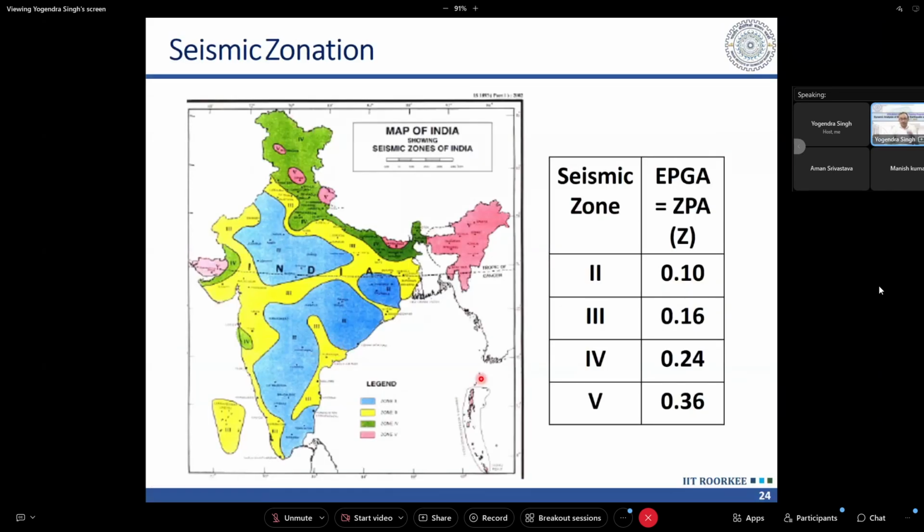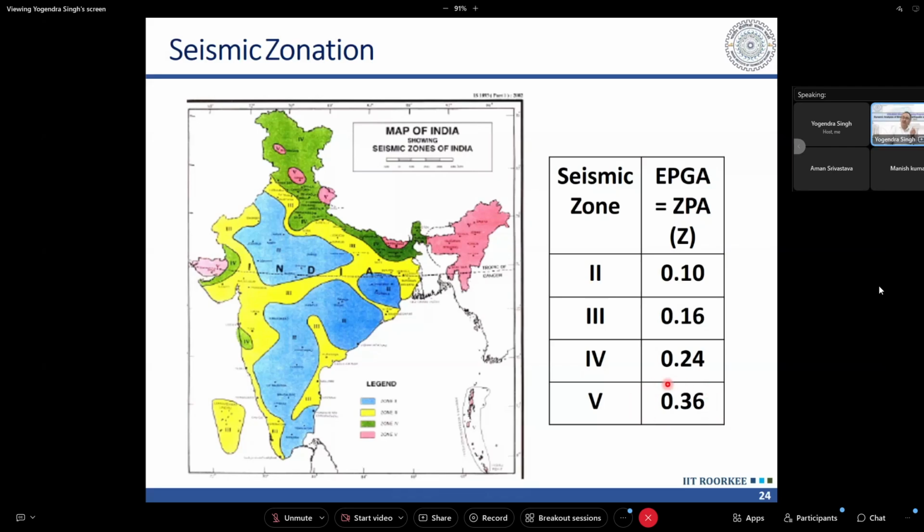Now you may be familiar with the current zoning map. In the current zoning map, the whole country is divided into 4 zones, starting from zone 2 to zone 5, and the maximum value of Z is given as 0.36. So this Z is fed as a factor, but actually what it is representing is the value of EPGA or ZPA, zero period acceleration, in terms of g.